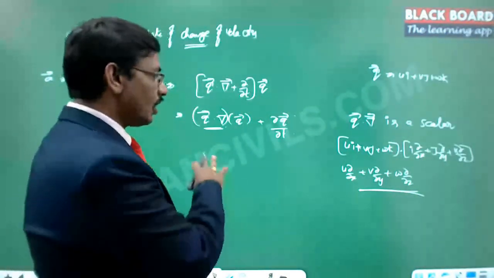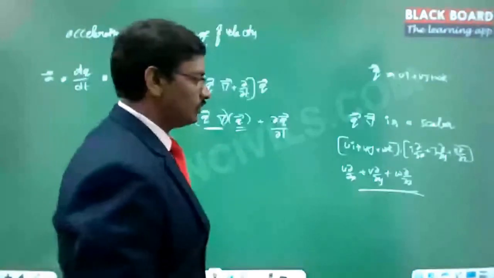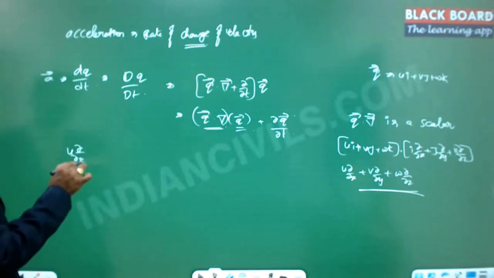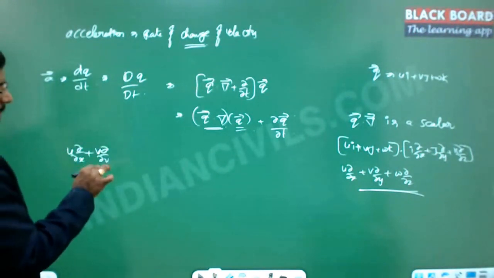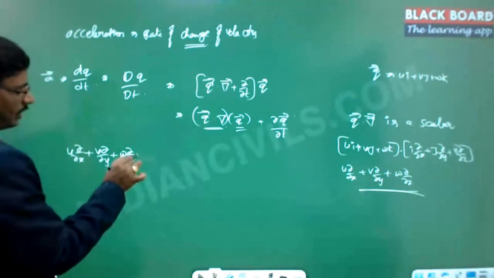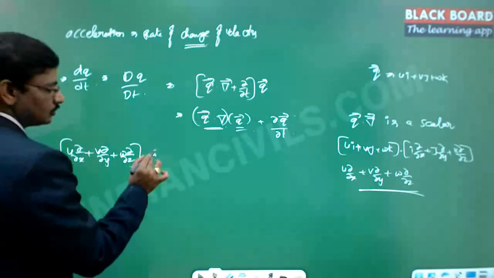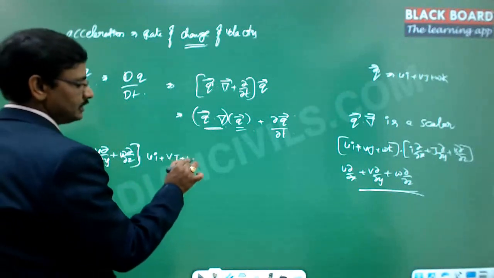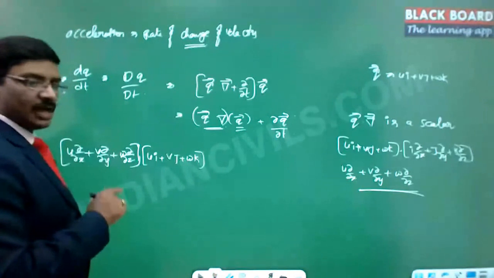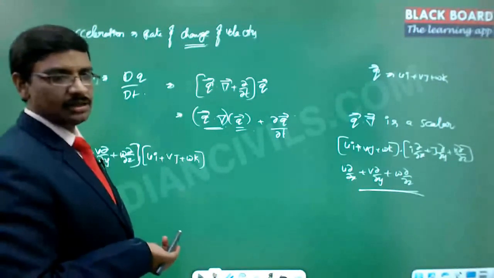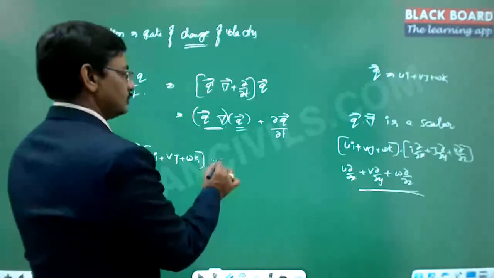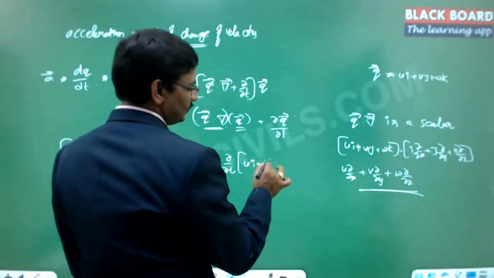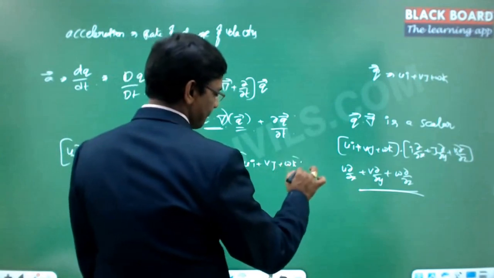The scalar operator is operated on a vector, ui plus vj plus wk. If a scalar is operated on a vector, the result is again a vector. Plus dou by dou t of ui plus vj plus wk.